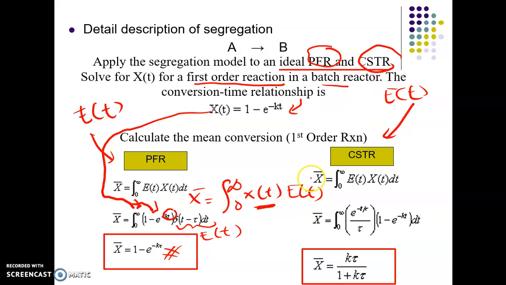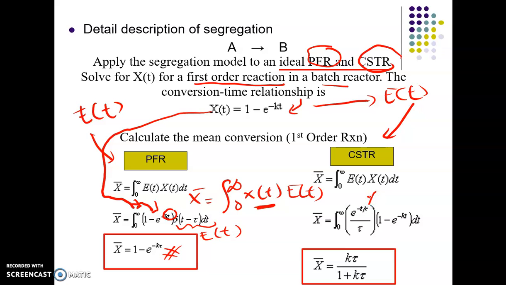So the same method applies for CSTR. In order to solve the segregation model for CSTR, the same general formula applies, and then you insert the same XT, and the ET you find from the ideal CSTR, which is this one.